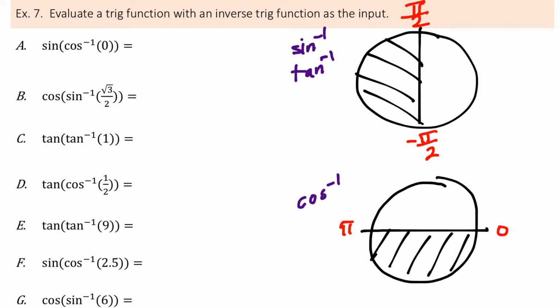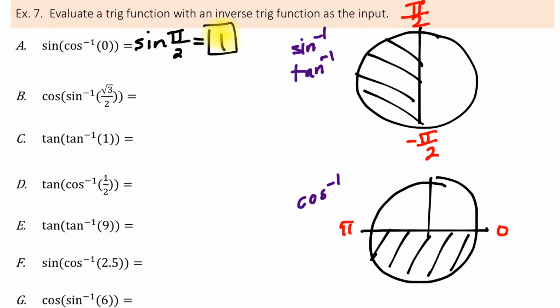If the cosine is 0, that means I would have to be up here at pi over 2 where the cosine is 0. So this is really the sine of pi over 2, and we know the sine of pi over 2 is 1.